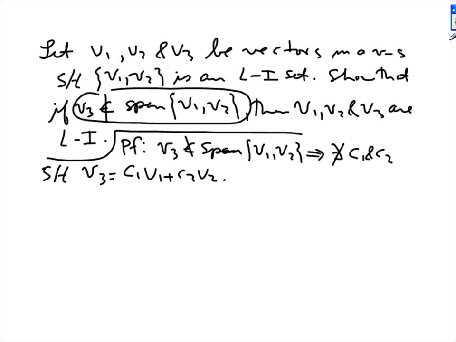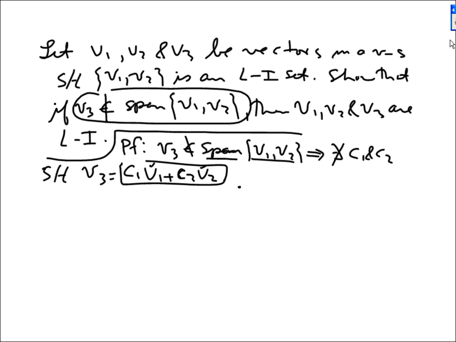This is not possible at all. Because if V3 did equal this, then V3 is a linear combination of V1 and V2, and that's exactly how you get to be in the span of V1 and V2.